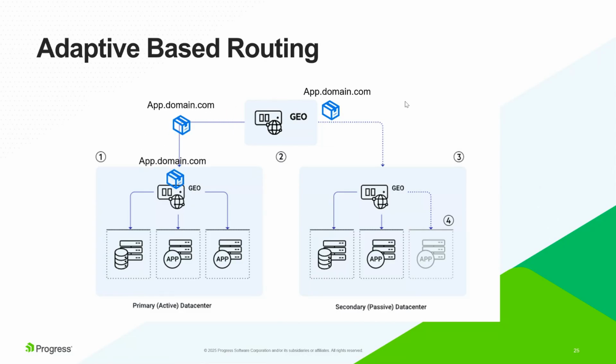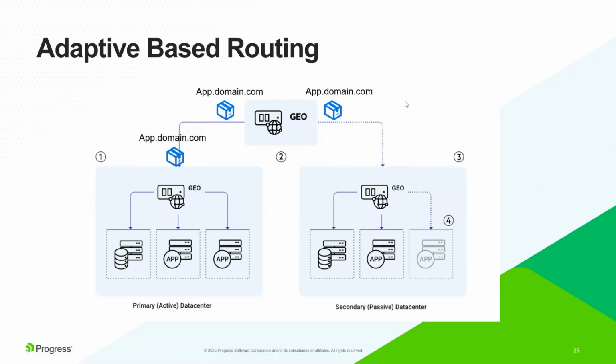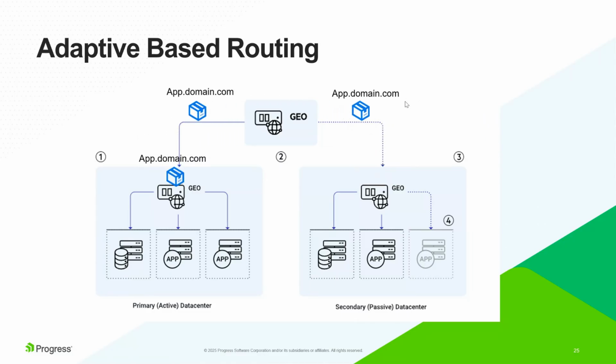So it would look something like this, where now you have an even distribution of load to the primary site and the DR site. Now, when this goes back to normal business operation, we're going to reroute this so that all of the traffic is going to the primary data center, and the secondary data center then becomes passive.